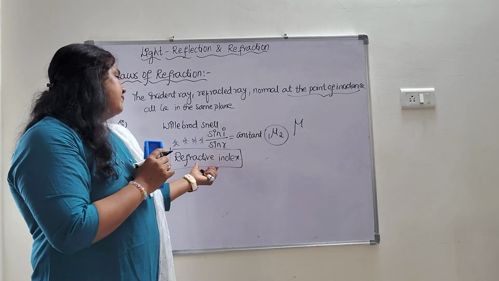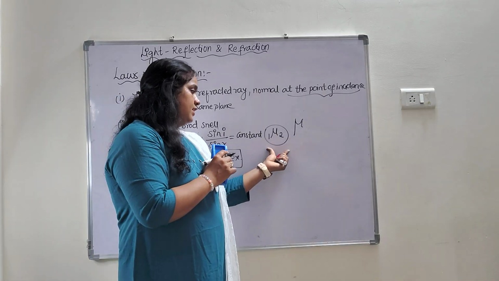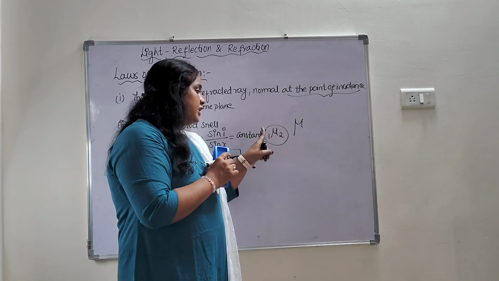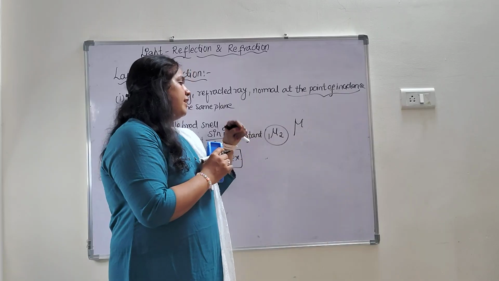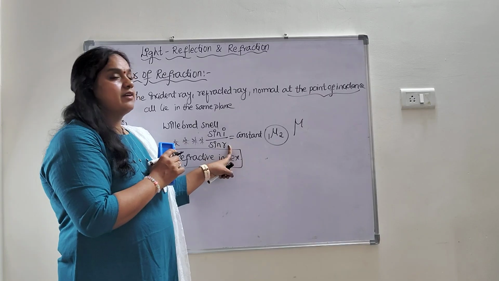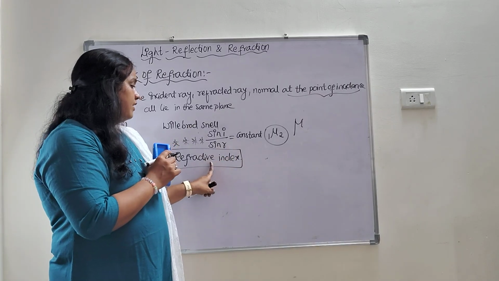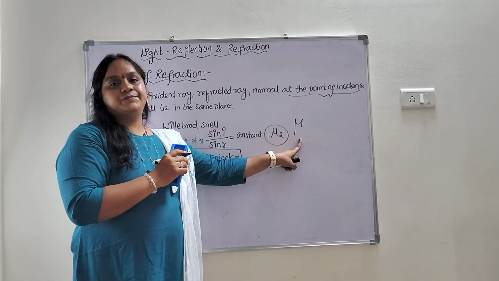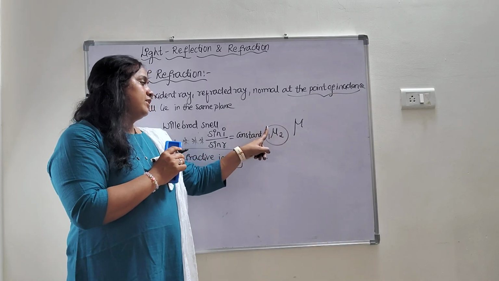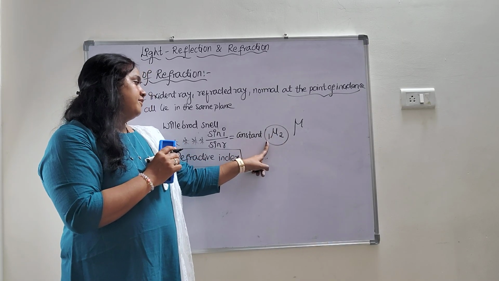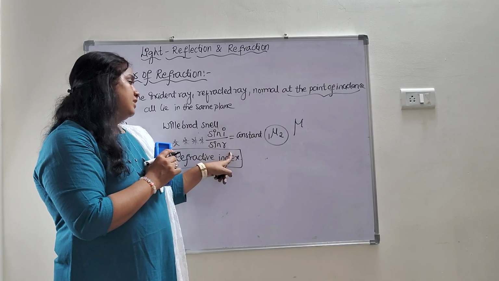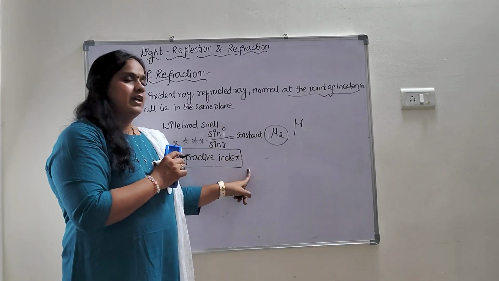The refractive index of the second medium with respect to the first medium is defined as the ratio of the sine of the angle of incidence to the sine of the angle of refraction, which is represented with mu. Again, I'll repeat. The refractive index of the second medium with respect to the first medium is defined as the sine of the angle of incidence to the sine of the angle of refraction.